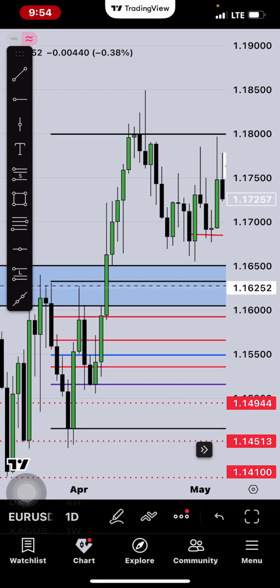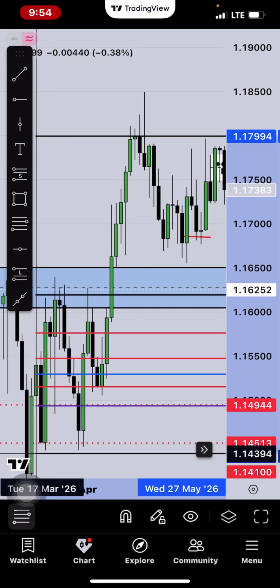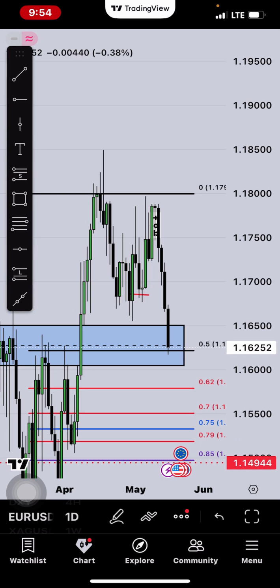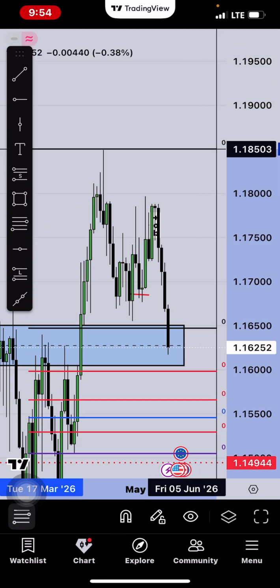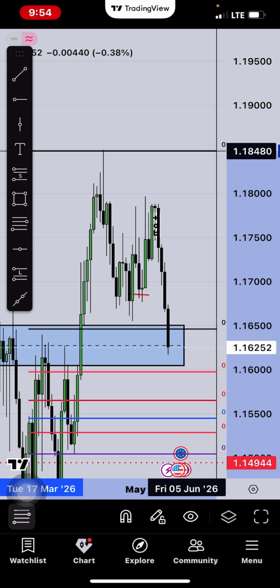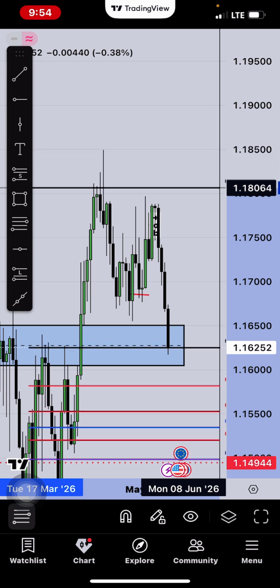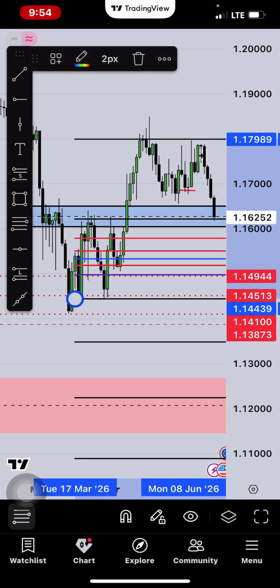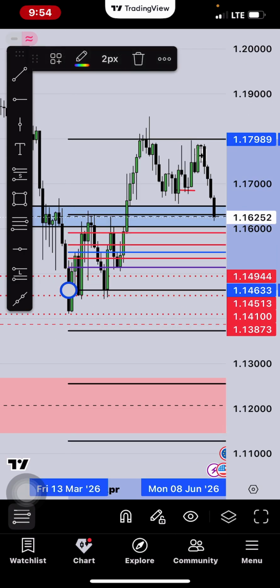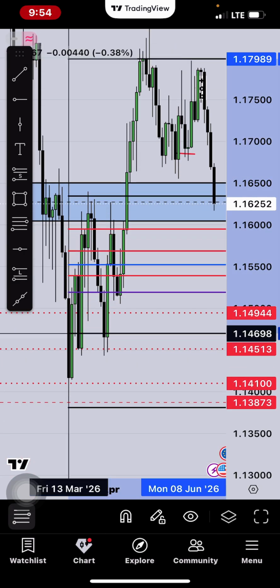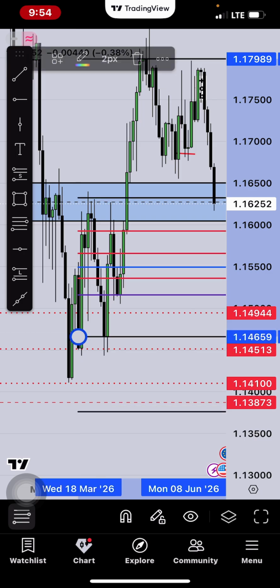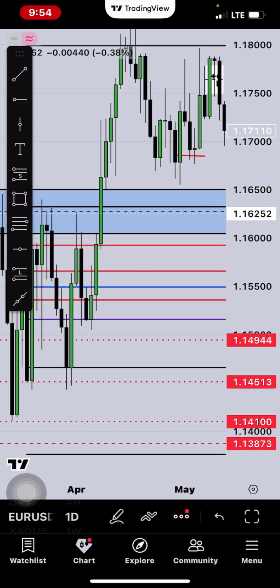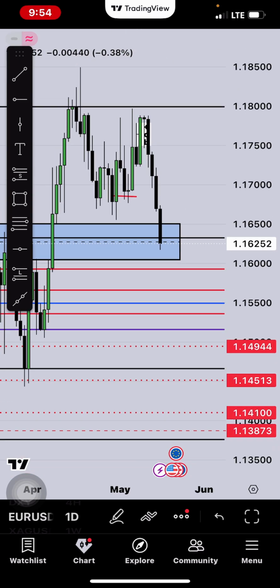That's what we measure from the bodies. You can also do the wicks. Then there's no issue in doing the wick. It still gives you almost the same thing. Can you see? But now we're using the bodies because we feel like that's where the bulk of the move is, not the wicks. So yeah, just below the 50%, so it's a little bit.